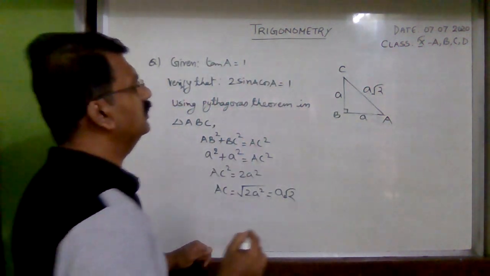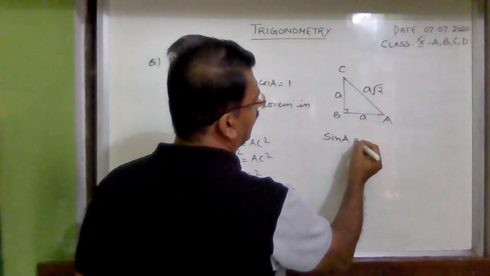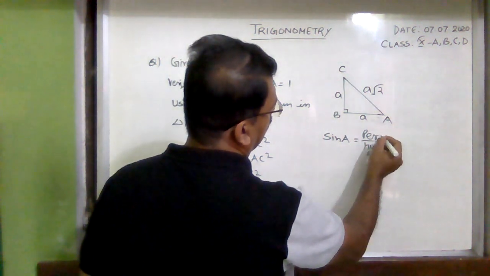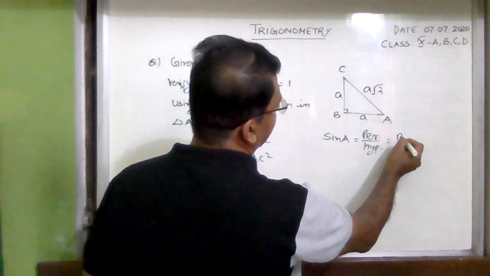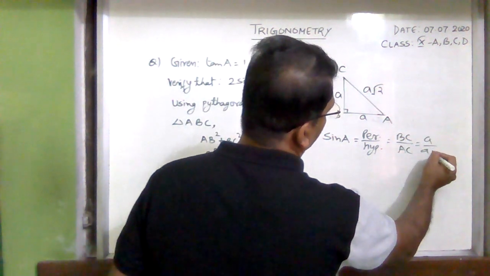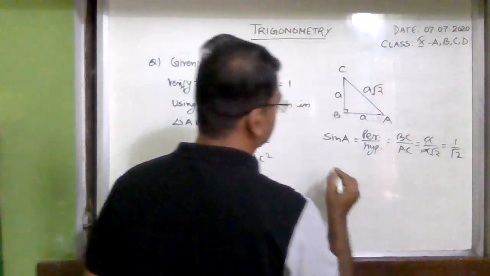Okay. Now sin A, you know it is perpendicular upon hypotenuse, means BC upon AC, that is a upon a root 2, a gets cancelled, 1 upon root 2.